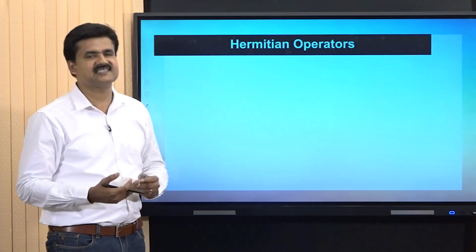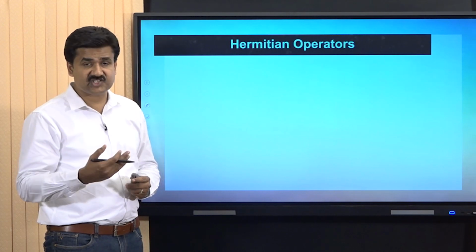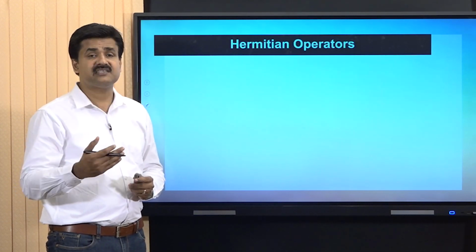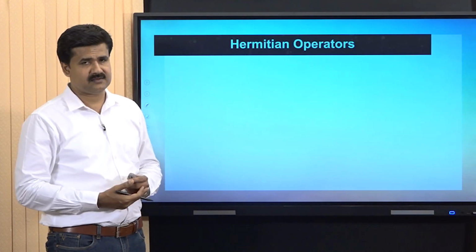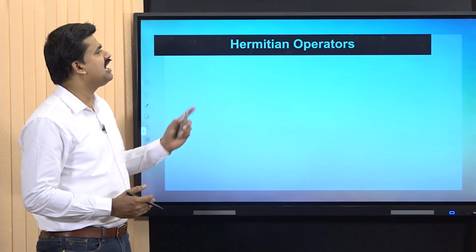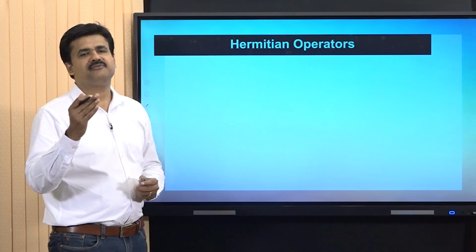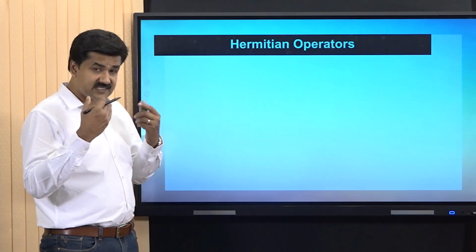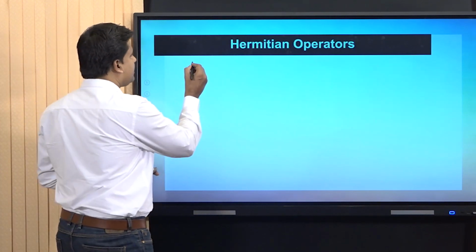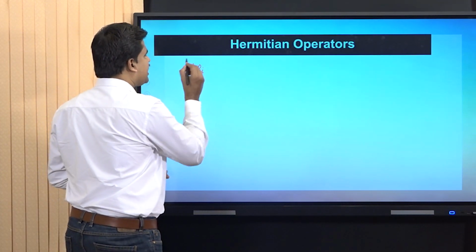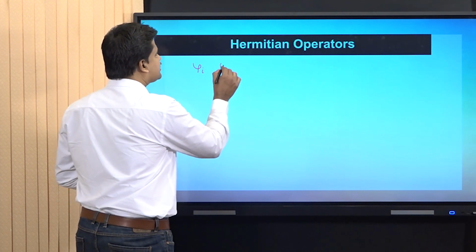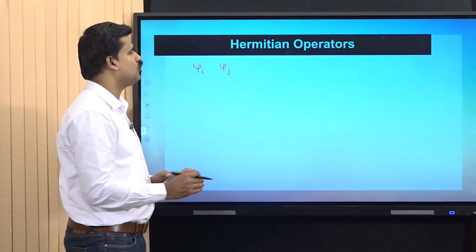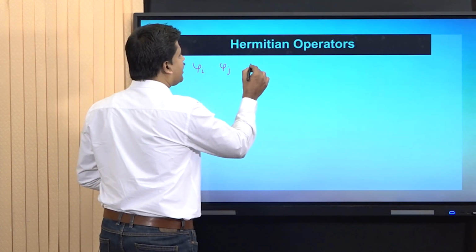Therefore, now we are assessing what is the condition for an operator A hat to act as a Hermitian operator. For this, I require two arbitrary state functions, namely the first function psi i and the second function psi j, and a concerned operator, that is A hat.